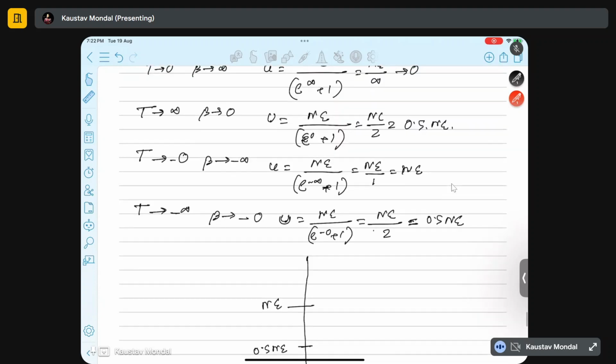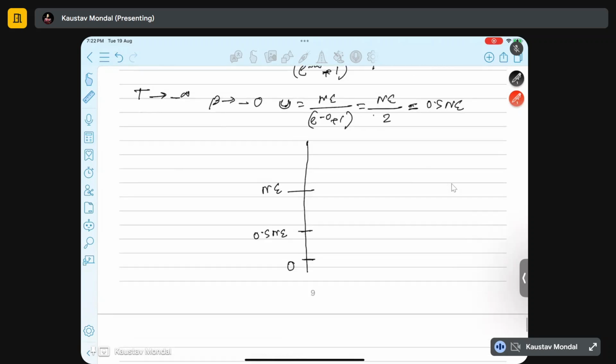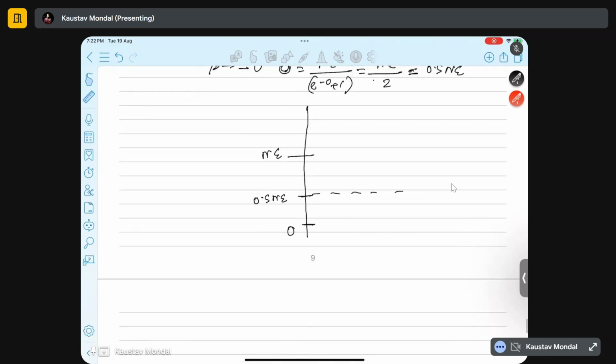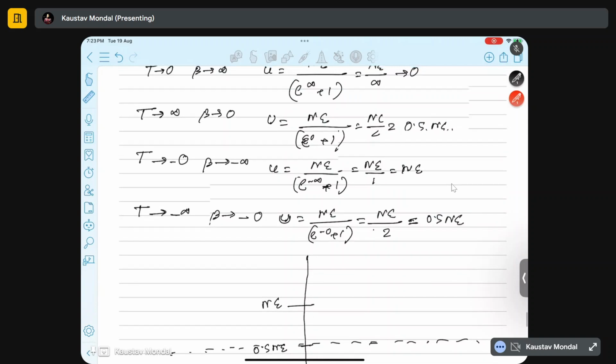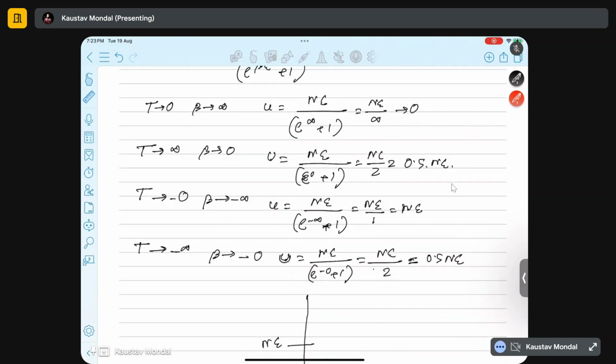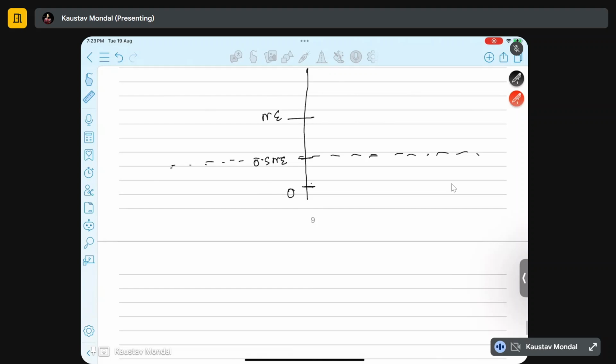So what happens when T tends to infinity? What we see is, when T tends to 0, beta tends to infinity, and the internal energy tends to 0. That means the internal energy will come closer to 0.